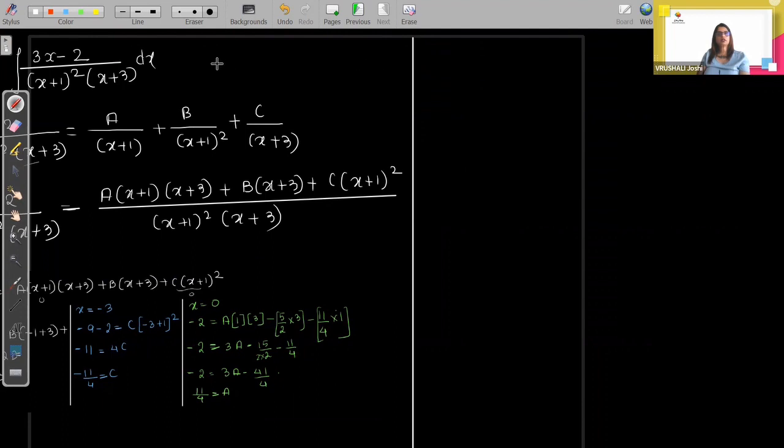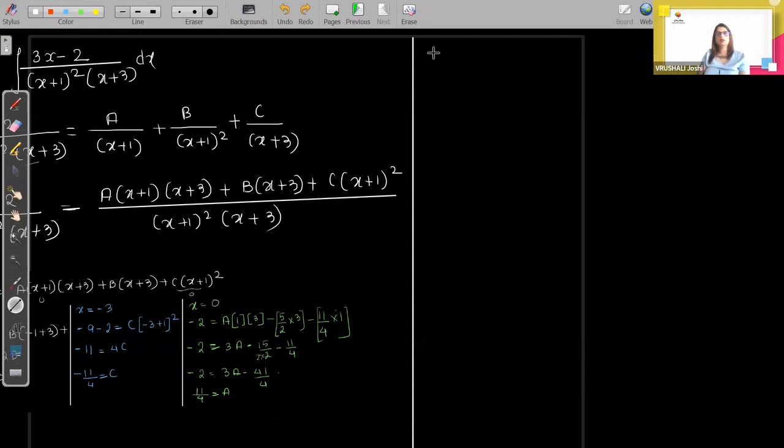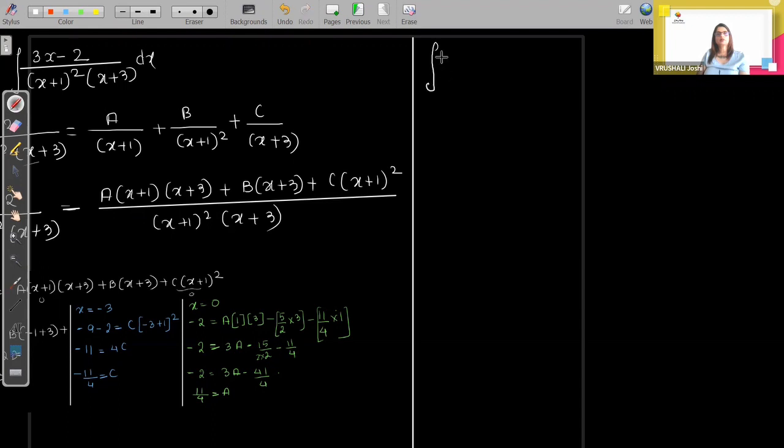Okay, this integration itself, या फिर ऐसे लिखते हैं, ठीक से, integration of 3x minus 2 by x plus 1 the whole square into x plus 3 dx.